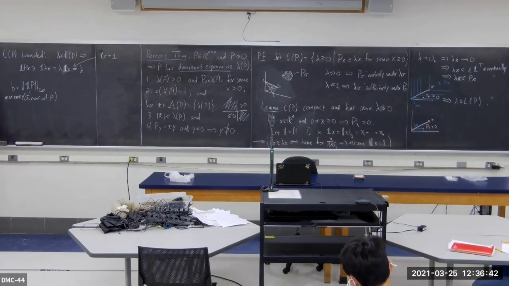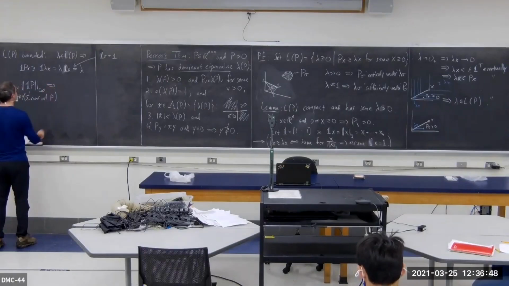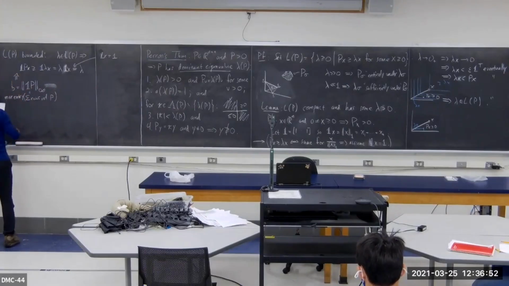The point is this is some strictly positive number. Okay? So if I do that, then this implies that, well, it implies this. It implies that B1x is less than or equal to B1x.